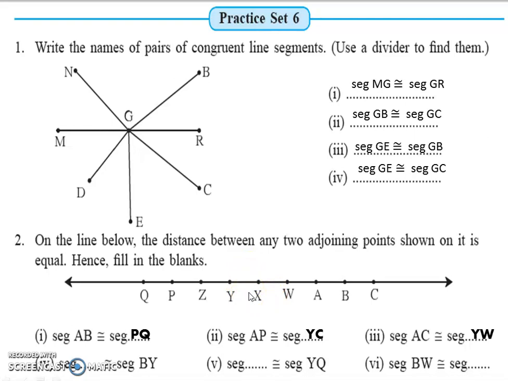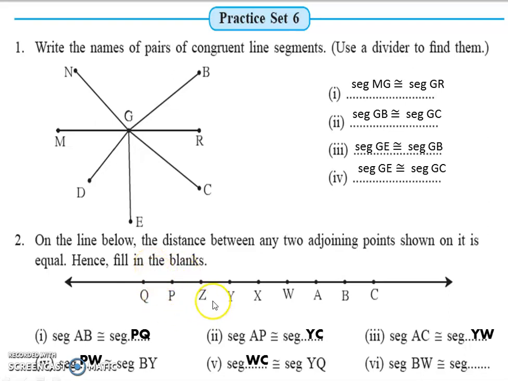Segment dash is congruent to segment BY. Now segment BY measures 4 units. So any segment measuring 4 units will be congruent to BY. So therefore our answer will be segment PW congruent to segment BY. Segment dash congruent to segment YQ. Now YQ measures 3 units.